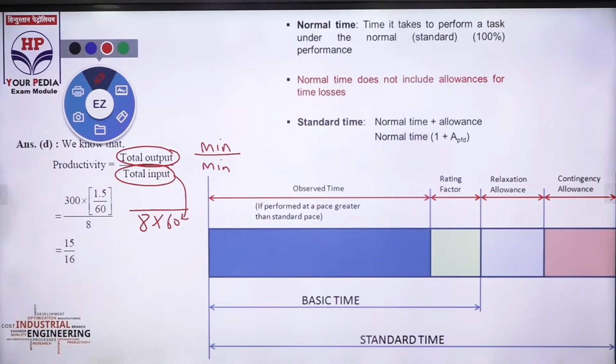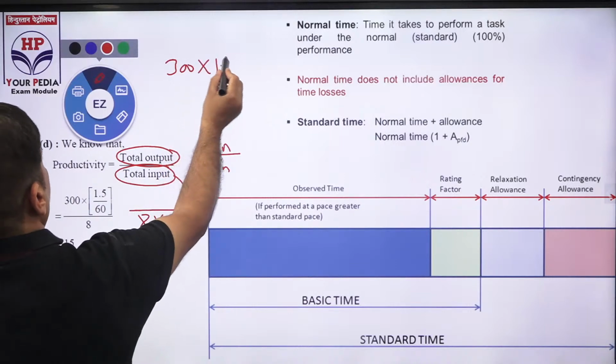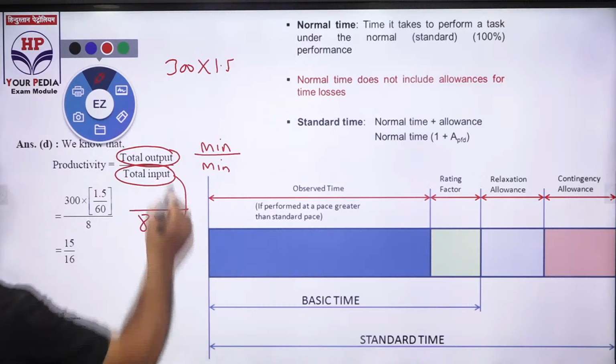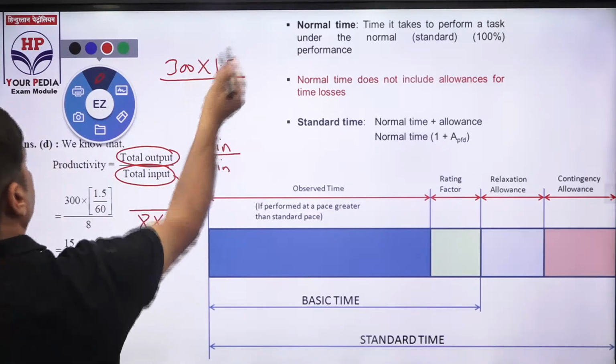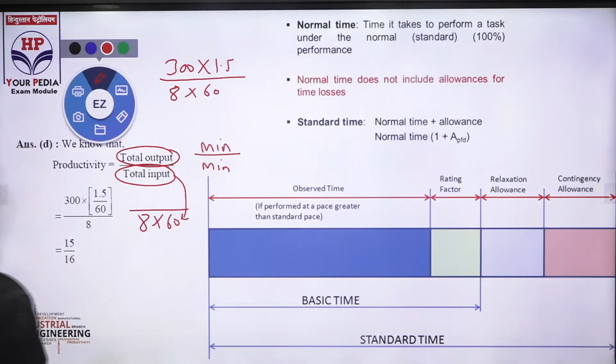I produced one plug in 1.5 minutes and I produced 300 plugs. So 300 into 1.5 is my output, and I was working for 8 hours. That means I was working for 480 minutes, and the output is corresponding to 450 minutes.